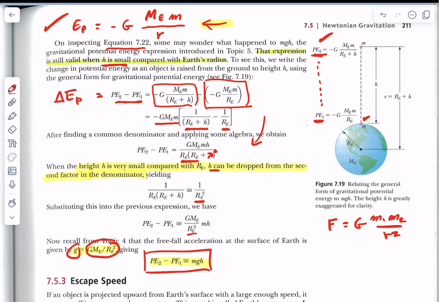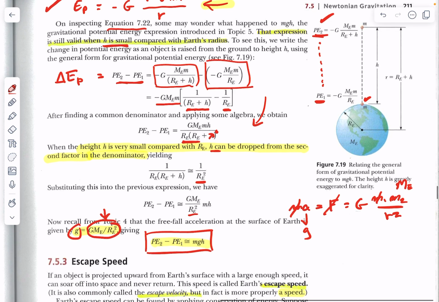And this force is going to be ma. And we're going to cancel out the small masses, where the other mass is the mass of the Earth. And we've canceled out the m out of this. And that's where we get this acceleration, which is g, equaling G times the mass of the Earth divided by the radius of the Earth squared, right there.